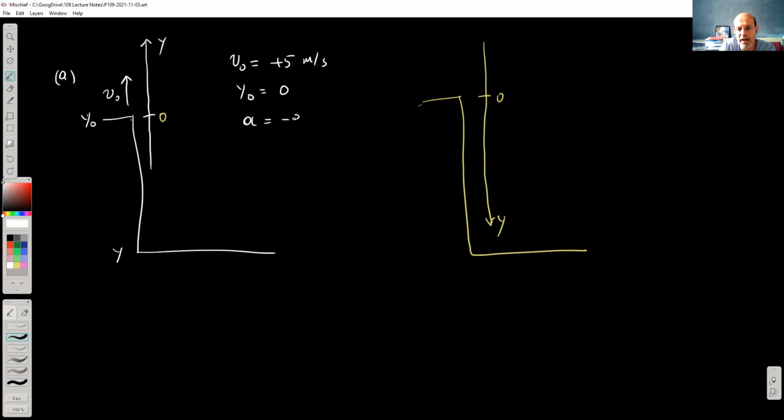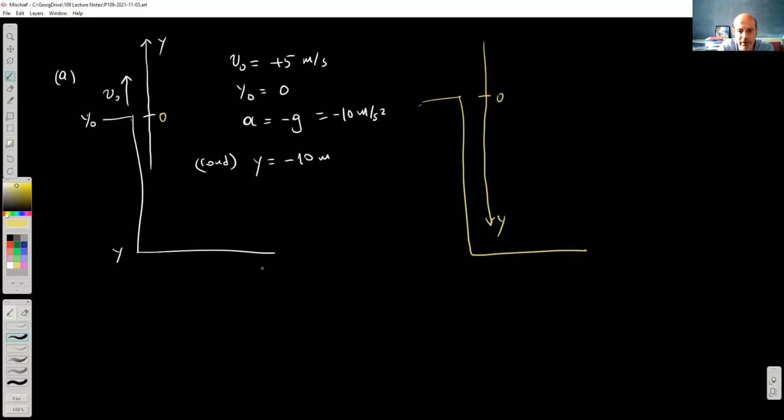Acceleration is equal to minus gravity, so it is minus 10 meters per second squared. And there's a condition for the solution: I am given the final position, which is the ground position. At which time does the y coordinate become equal to the position of the ground? Since that distance is 10 meters, that corresponds to minus 10 meters in here.